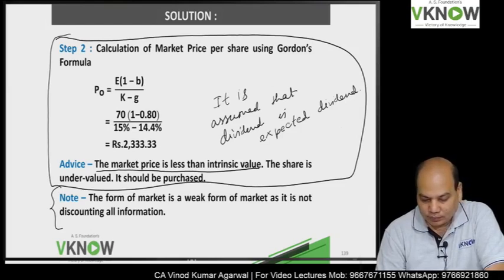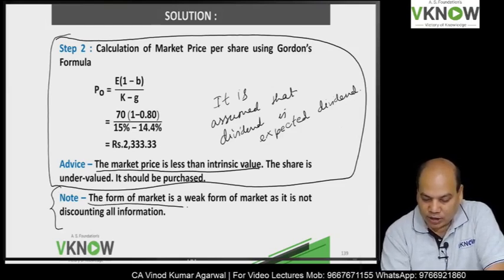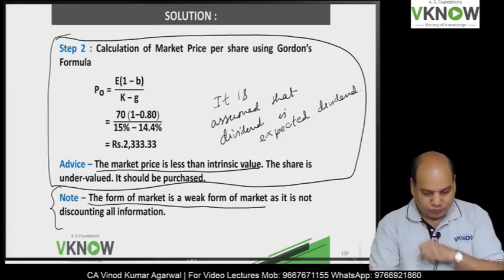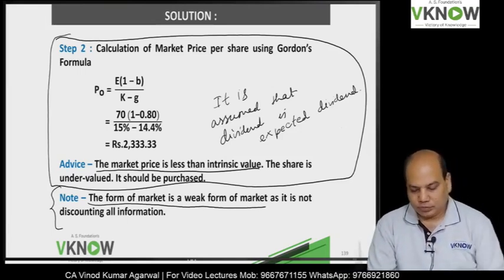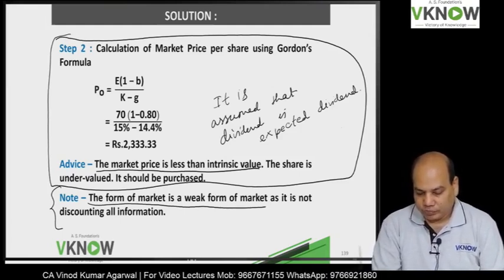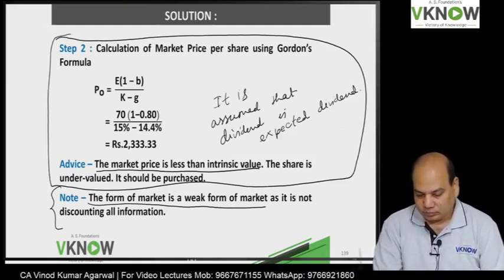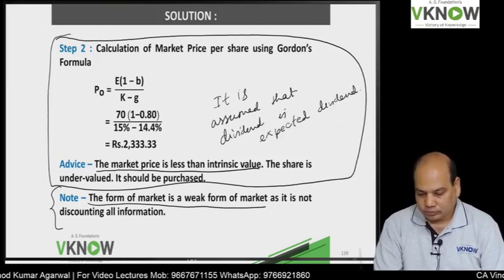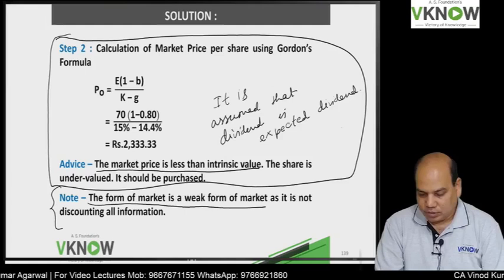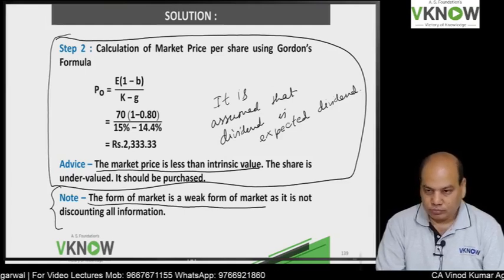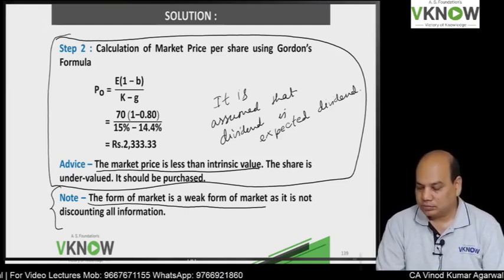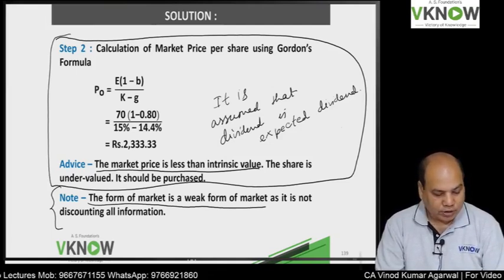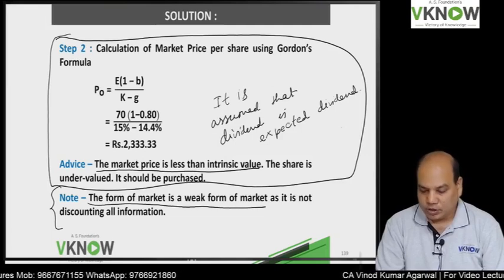So, write down, this form of market is a weak form of market, as it is not discounting all the information.